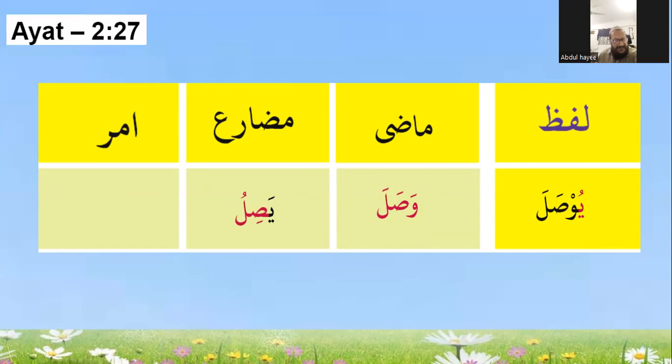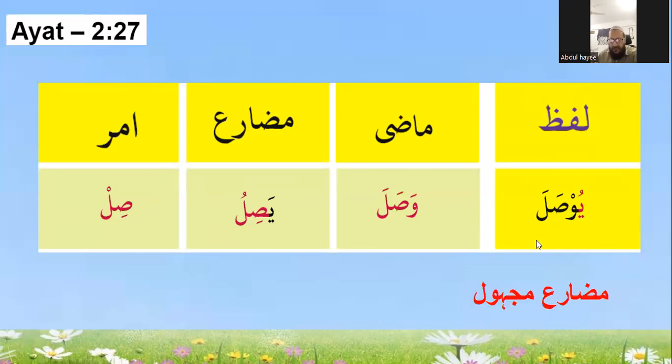It is isl. Look, we remove the alamat mudare, make it sakun. The sad has a harka, it does not need another. So from the word yusala, we got the madi wasala, mudare yasilu, amr sil.